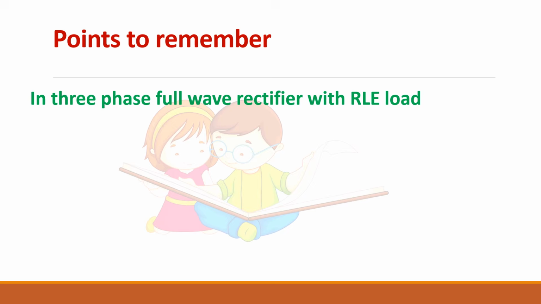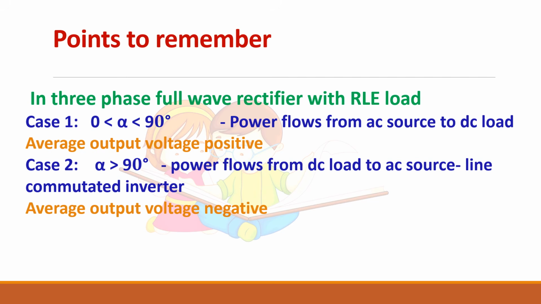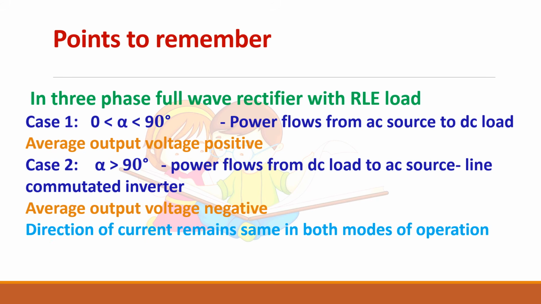So the points to remember here are: in a three-phase circuit, when alpha is less than 90 degree, power flows from AC source to DC load. When alpha is greater than 90 degree, power flows from DC to AC, because we have seen that the waveform itself lies on the negative side. So average voltage will be negative.